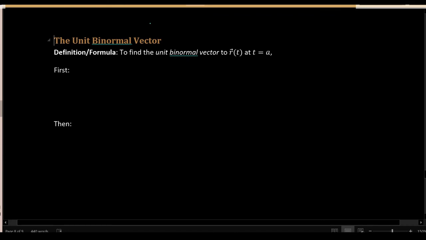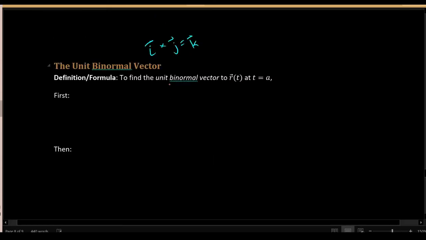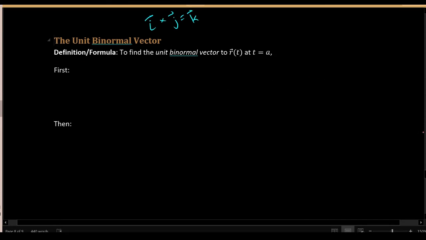The idea with the unit binormal vector is to mimic the fact that if you take the standard basis vectors i and j and you find their cross product, then k, the z vector, ends up being the result. So for the unit binormal vector, which is called B, correspondingly B for binormal, you can get that by taking the equivalent of i, which is the unit tangent vector, and you can cross that with the equivalent of j, the unit normal vector.